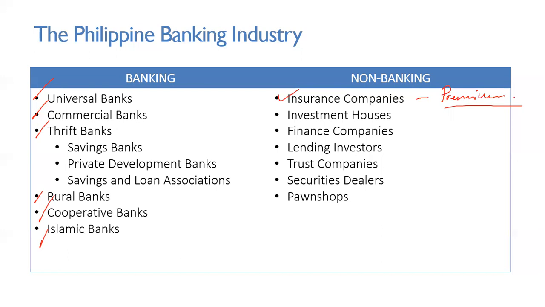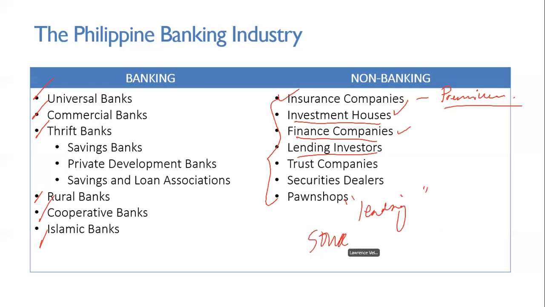Investment houses, financing companies or leasing companies, lending investors. So in other words, these are the same kind of business model na nagpapautang. Lending is essentially the business model. Pero yung source of funding niya cannot include deposits. Kaya sila tinatawag na non-banking financial institutions.